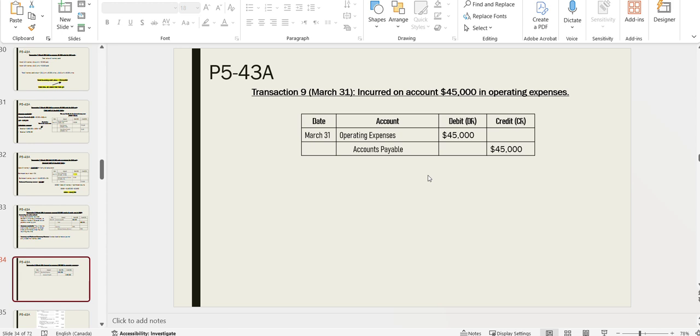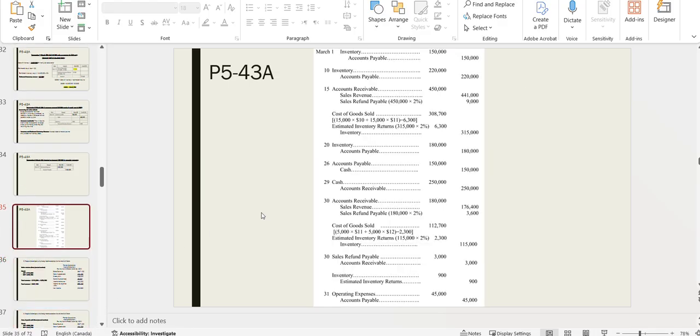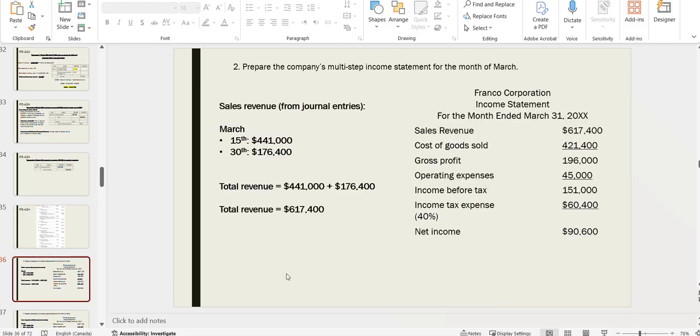Our expense is on account, so we owe money to our providers or whoever they are. So here you can see an overview of all journal entries we had, and we go for part B of the question. We need to prepare our income statement.